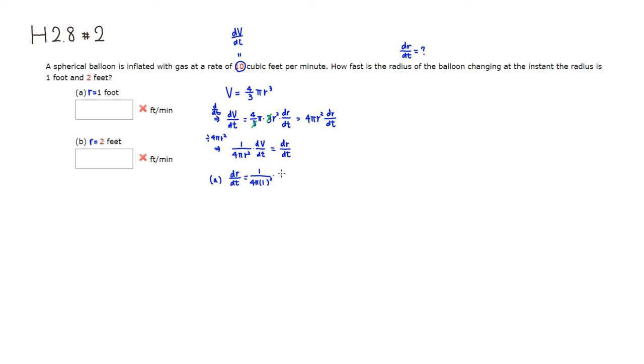And dV over dt is 10, right? So 1 really doesn't do anything, and then 10's multiple of 2, divide by 2, 5, divide by 2, 2. So we can see that this is equal to 5 over 2 pi, right?